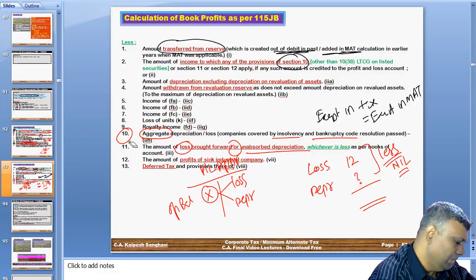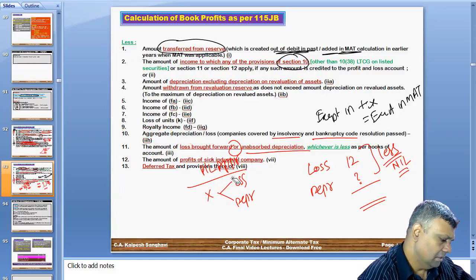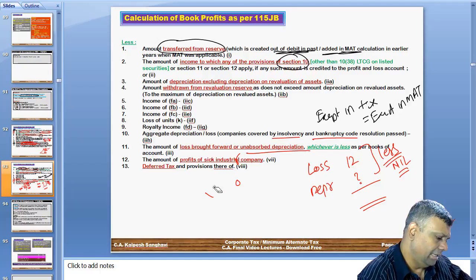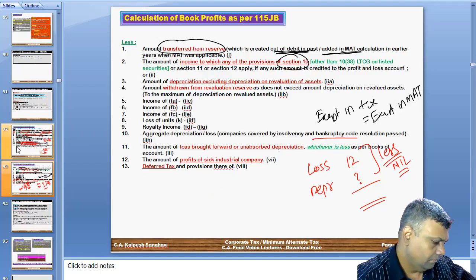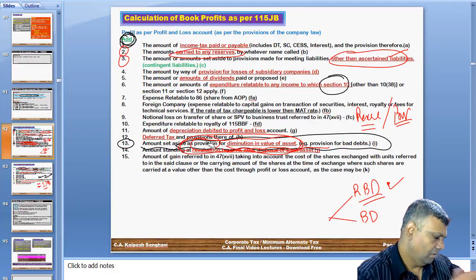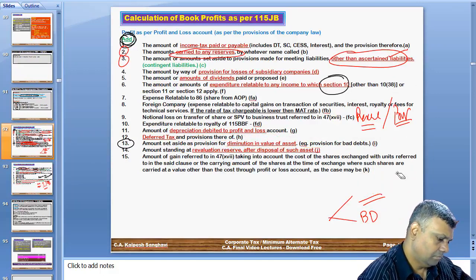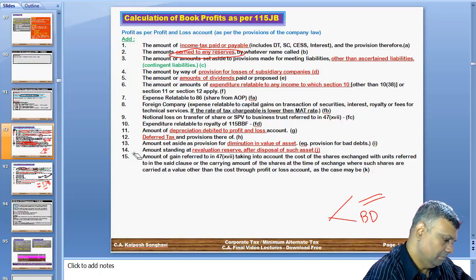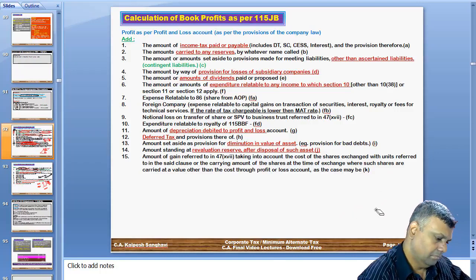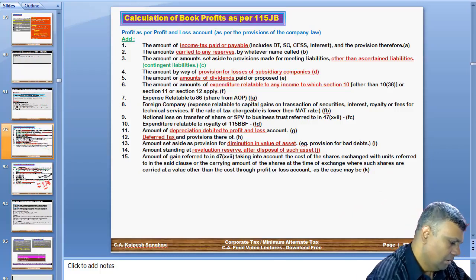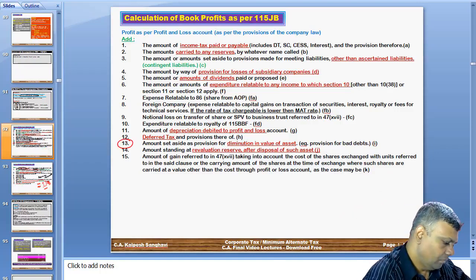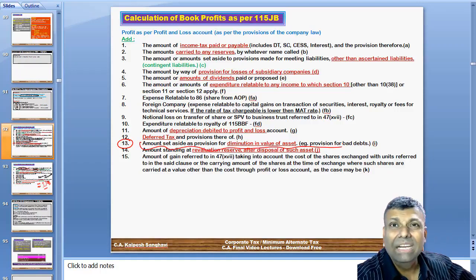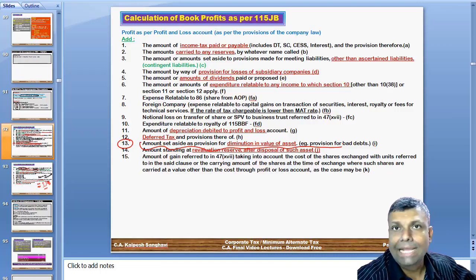Let me erase this, friends. It is in the add category, I believe. Amount set aside for the diminution in the value of the assets.